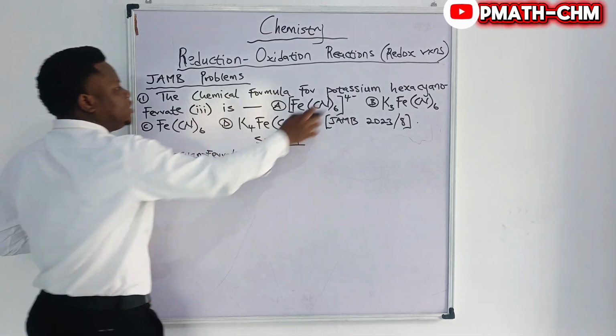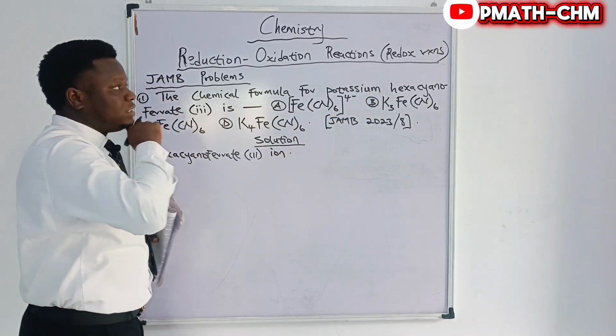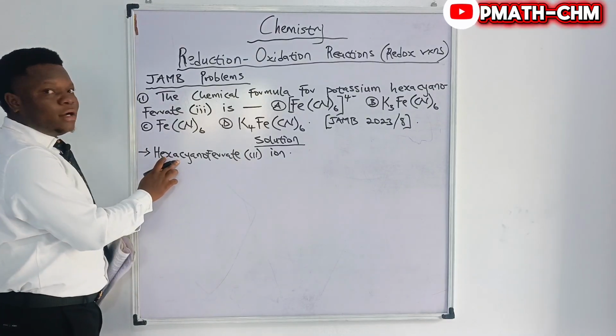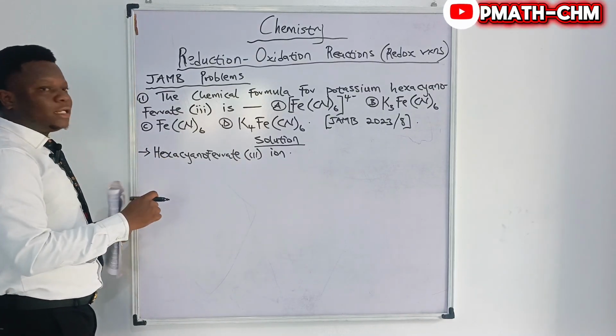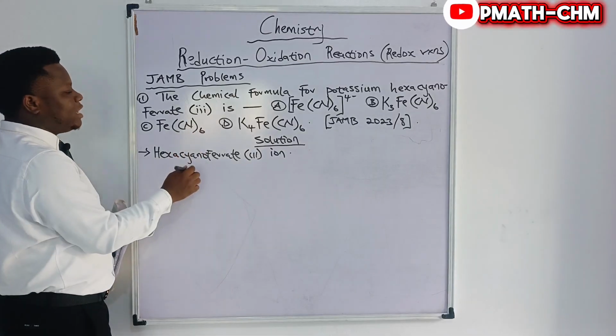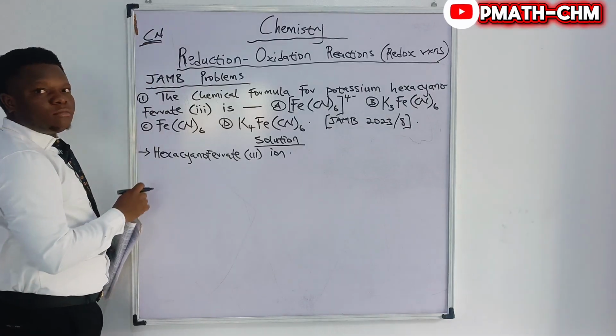If I'm picking just that part, it becomes an ion. It's going to have a charge. So what do we do here? When you hear the word hexa, hex generally means 6. Now, the cyano group, the formula in chemistry is CN. That's your cyano group.